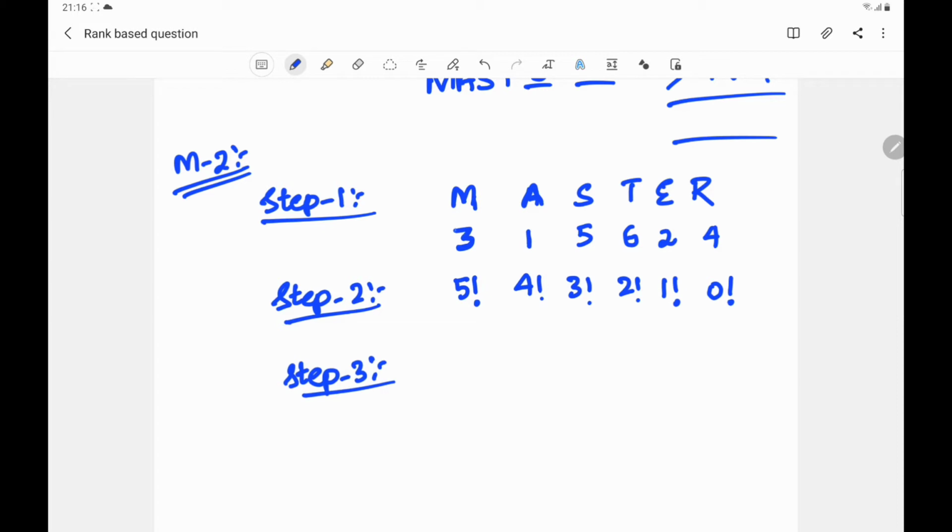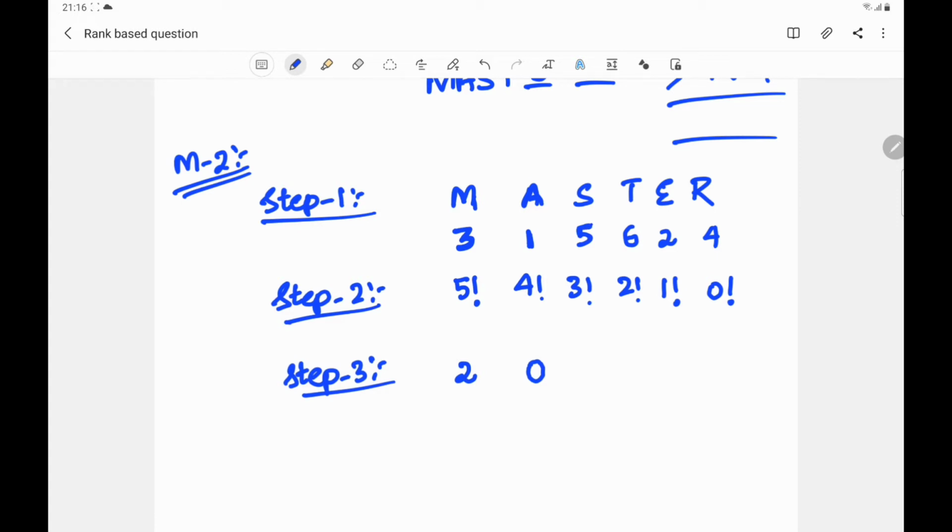Obviously, if this is 3, there would be 2 ranks less than 3. And here we have given rank as 1, so there won't be any other rank less than 1 because the starting rank itself is 1.